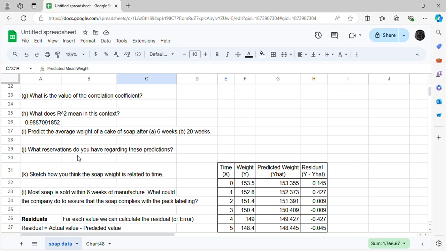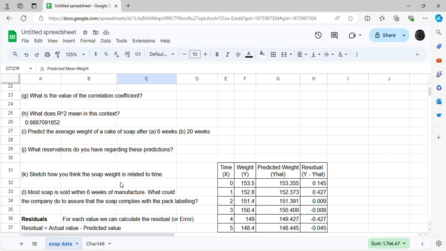What reservations do you have regarding these predictions? So for 6 weeks, it was interpolation and is reliable with the observed values range. And 20 weeks is extrapolation as it's unreliable data because it's not in the range of the observed values.